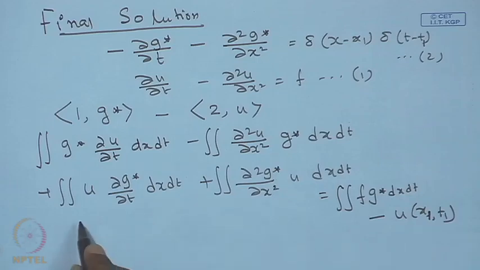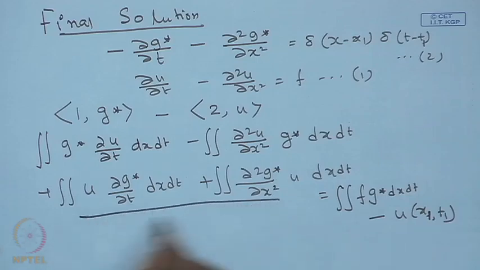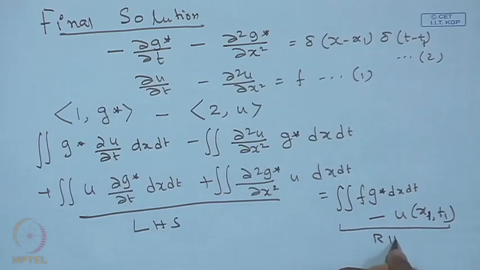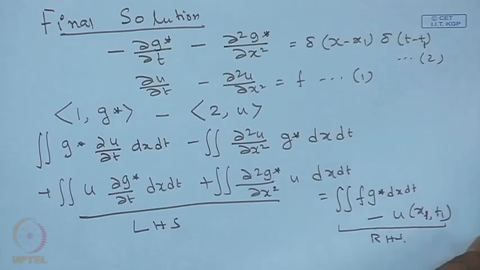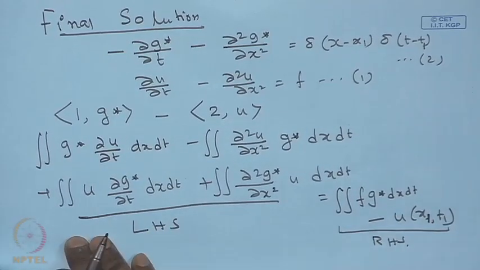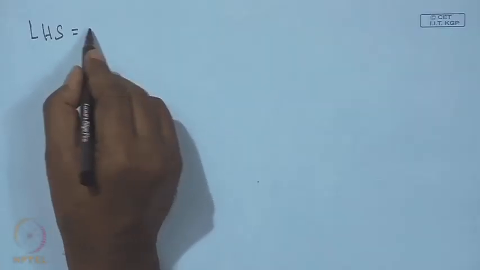Now, we look into the left hand side of the equation. This is the left hand side, this is the right hand side. If you look into the left hand side, let us see what we get out of this. The left hand side becomes very complicated.